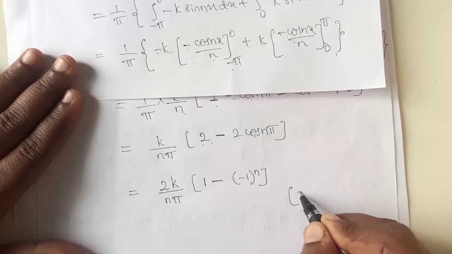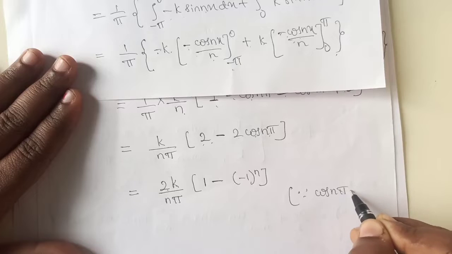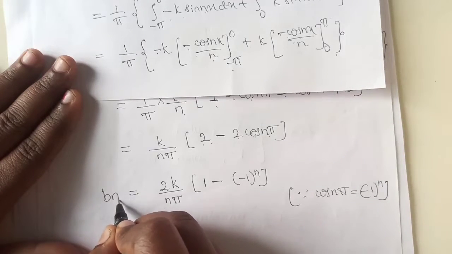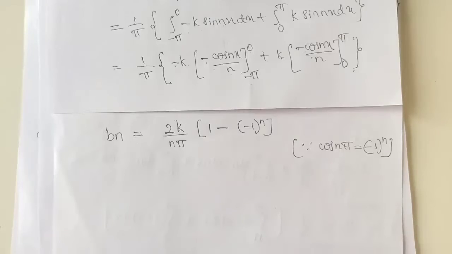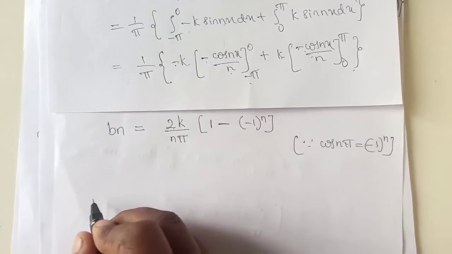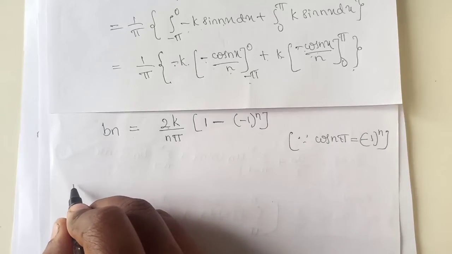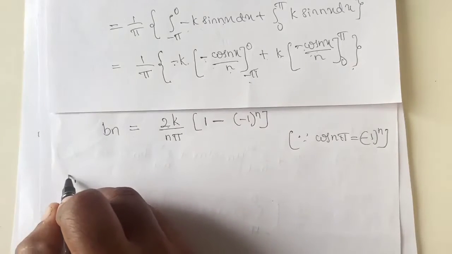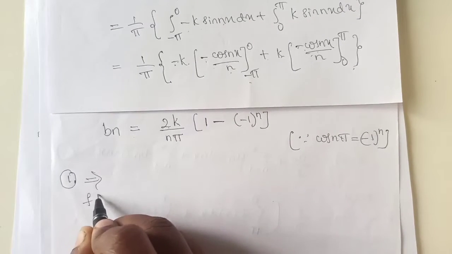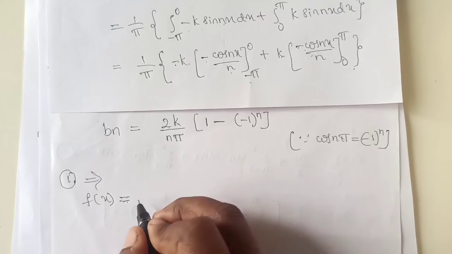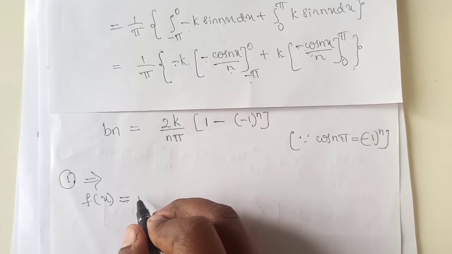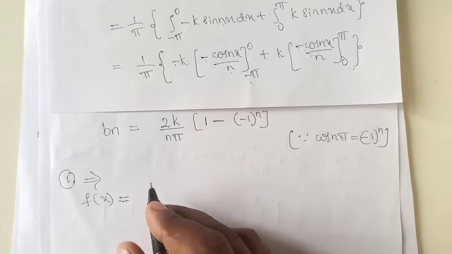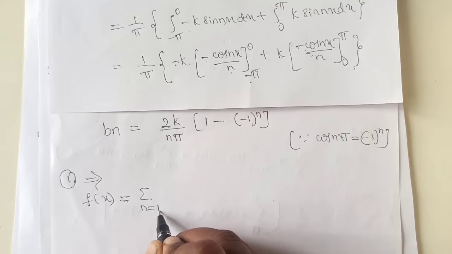Since cos n pi is equal to minus 1 power n, so this is the bn value. Okay. Now substituting an, a naught and bn values into equation 1, that is in the Fourier series, we get equation 1 implies f of x equals, a naught value is equal to 0, even an value is equal to 0, we get only bn terms, that is summation n equals 1 to infinity.